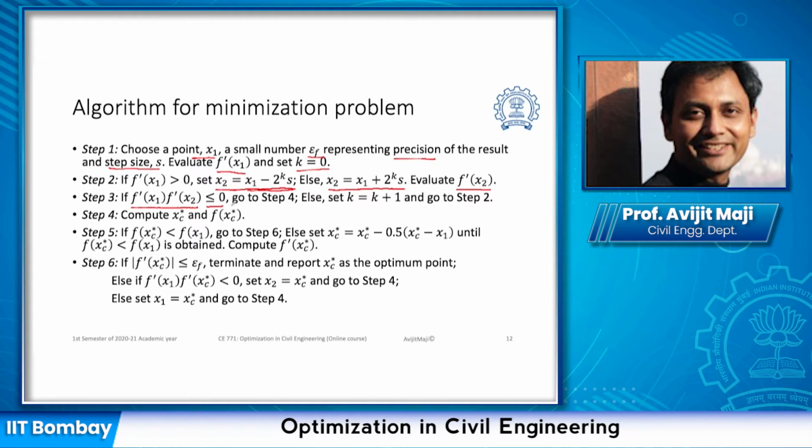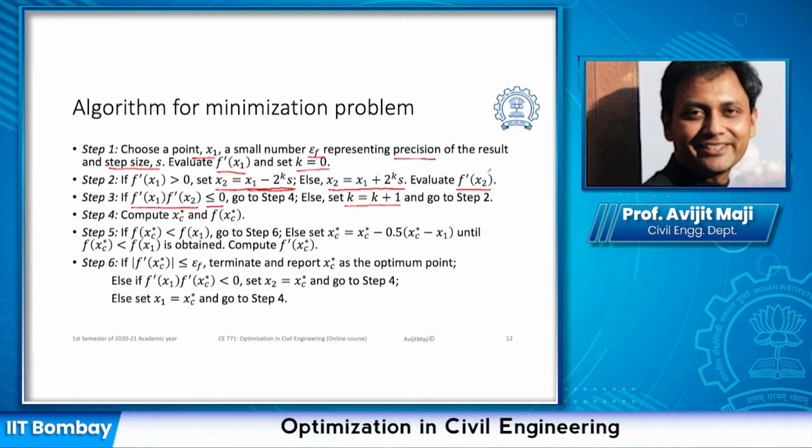If it is not, we need to go back by setting k equal to k plus 1 into step 2 to find a point where we can obtain slopes which are of opposite nature.